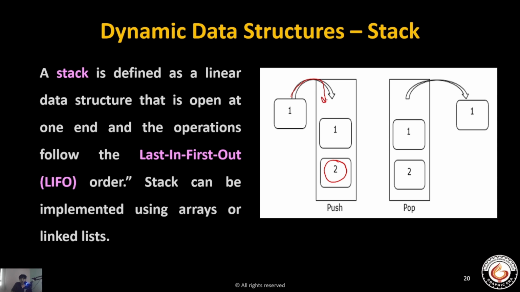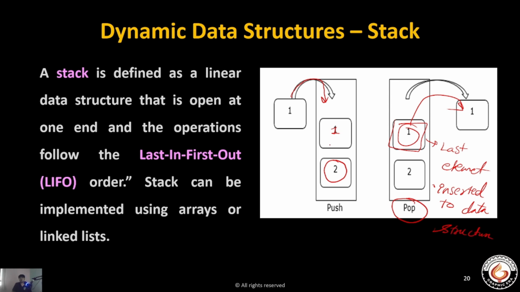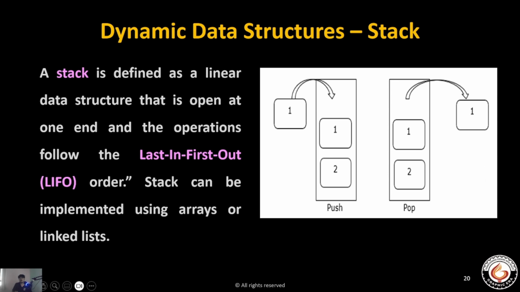Then we have pushed a data element 1, and when we use the pop function, 1 will be the element popped out, because 1 is the last element inserted into the data structure. That's why stack uses the concept of LIFO and queue uses the concept of FIFO.